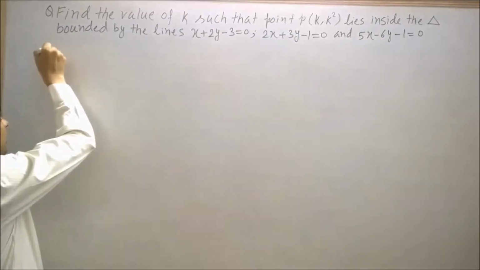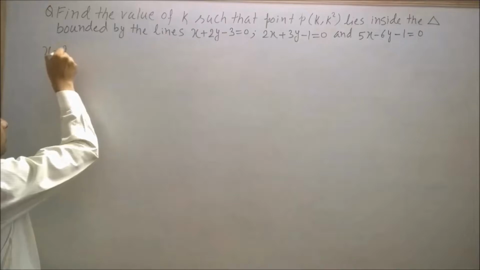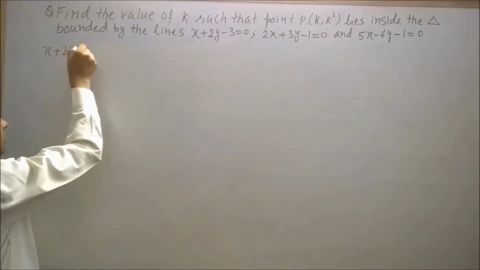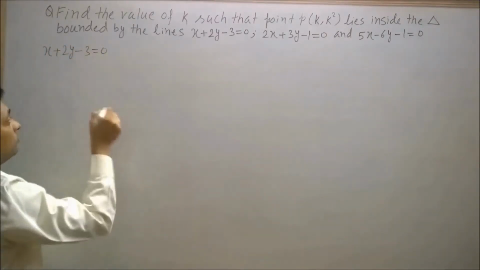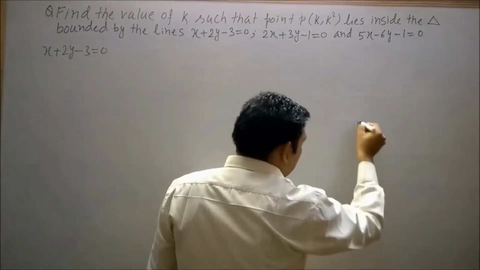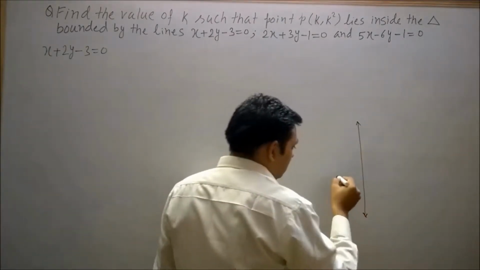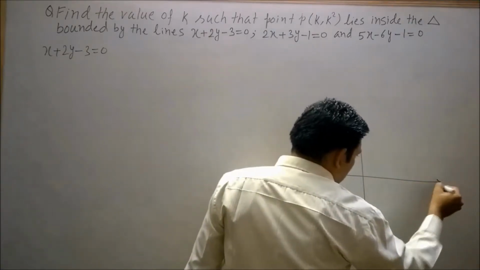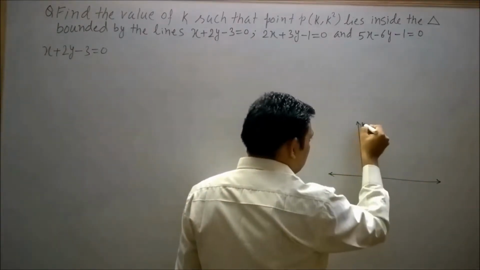First equation is x plus 2y minus 3 equals to 0. Let's say this is our y-axis and this is our x-axis.